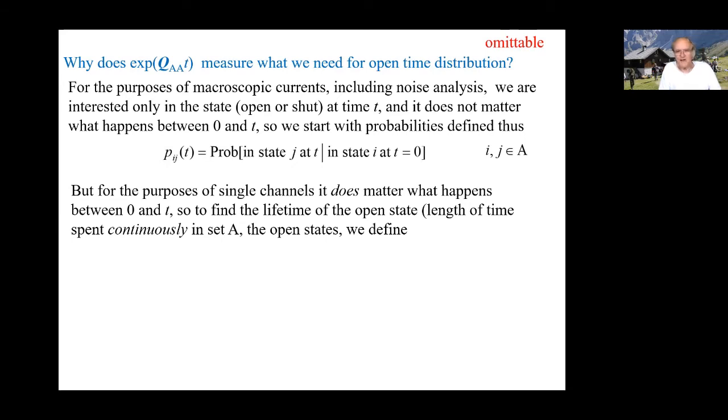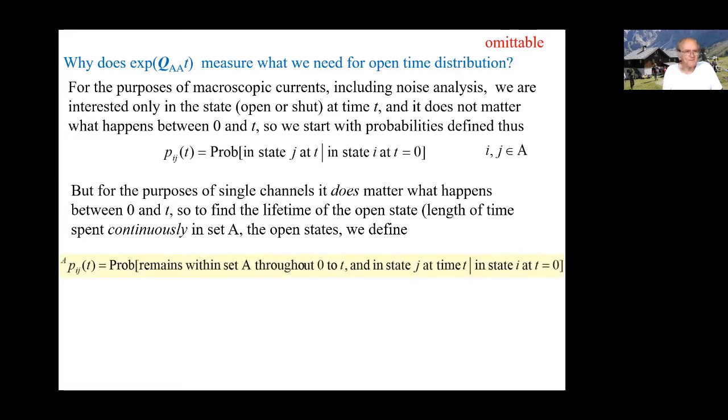So to find the lifetime of an open state, the length of time spent continuously in set A, the open states, we need to define a slightly different probability: that we remain within the open states from 0 to t, and we're in state j at time t, given that we were in state i at t equals 0, i and j both being members of the open state set.